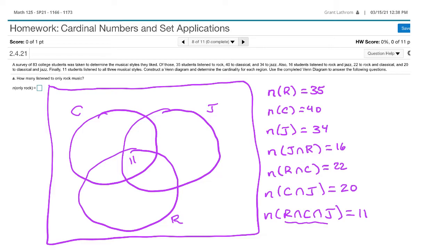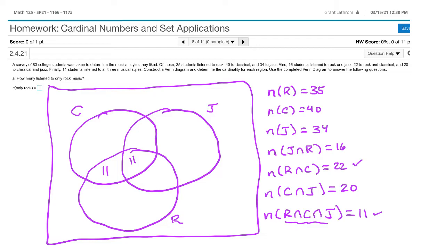So now moving out from there, we know that the overlap between R and C is going to be 22. Well, we've got 11 of them accounted for already. So we've got 11 here. We've got a total of 22, which means that the other 11 have to stay in this particular region here.